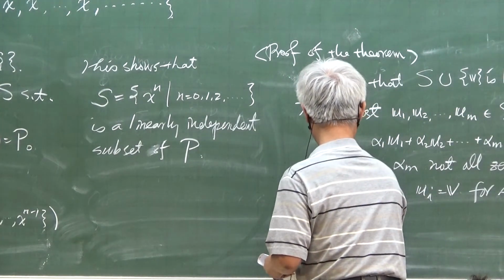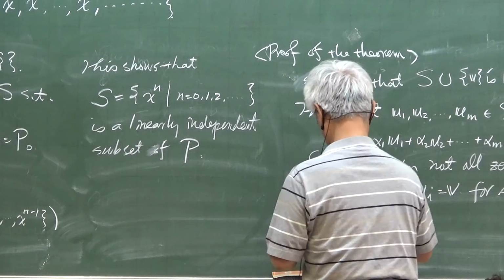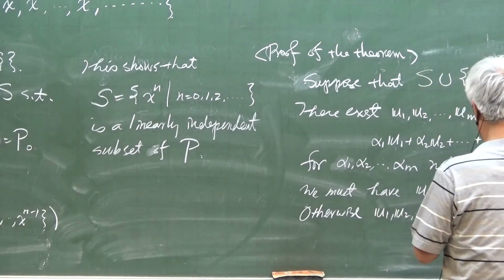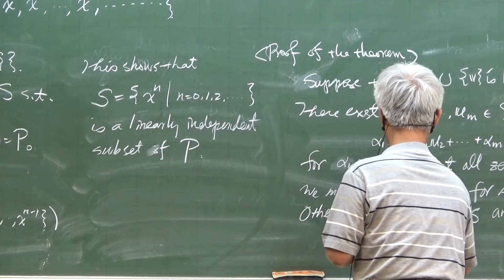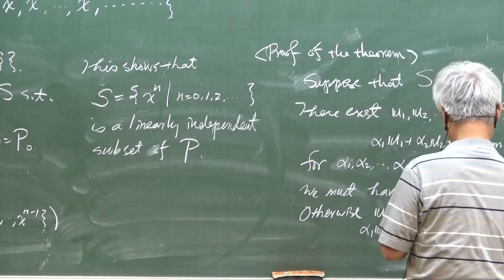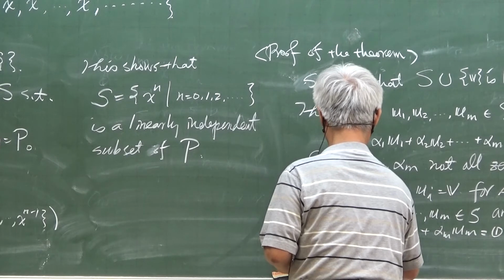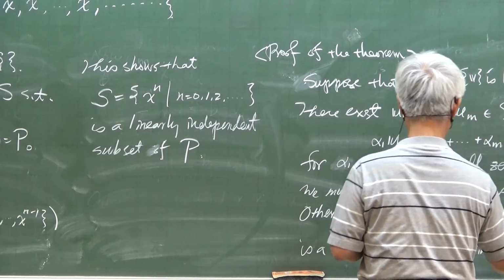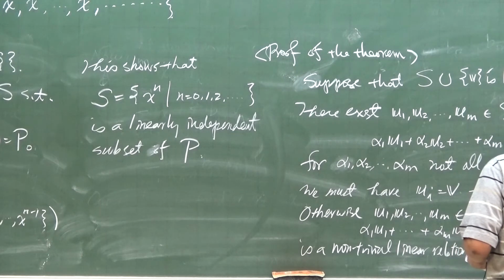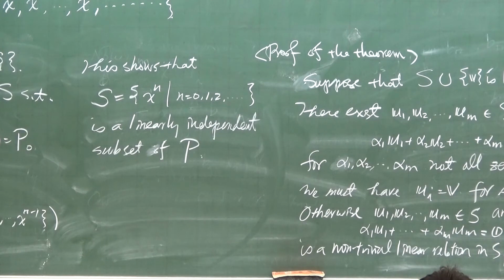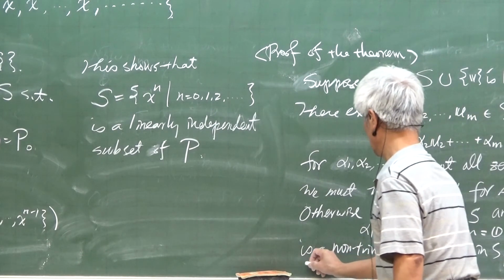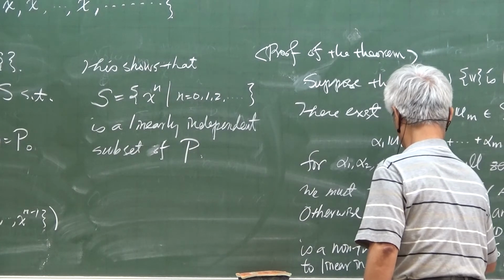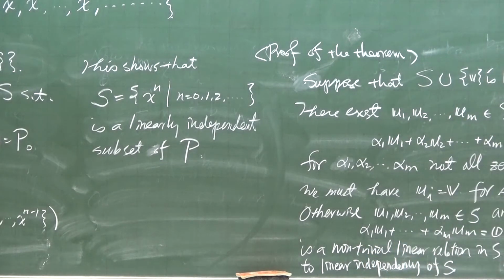which contradicts the assumption that S is a linearly independent set. Otherwise, u1, u2 up to um must be in S, and alpha 1 u1 plus up to alpha m um equal to 0 is a non-trivial linear relation in S, which is a contradiction to the linear independence of S, because we assume S is linearly independent.